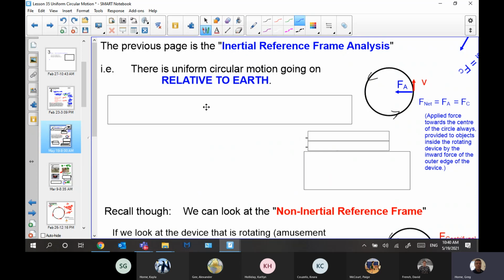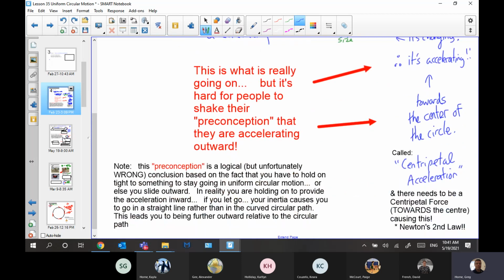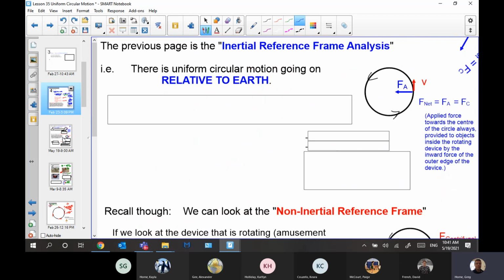The previous page was the inertial reference frame analysis, where we're saying there isn't actually a centrifugal force, it's really a centripetal force, right? That's this analysis here, where we've got an applied force towards the center. That applied force towards the center has to be there to make something go in a circle. It's that inward force of the outer edge of the device you're inside of, if you're in an amusement park ride, or it's the string holding on to the stopwatch that I always twirl around in room 124.